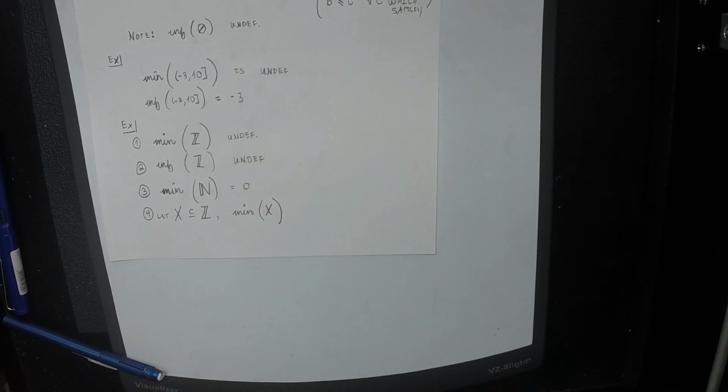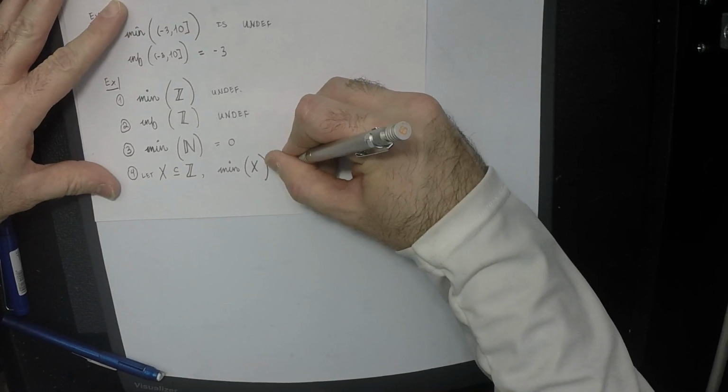Does that need to be defined? It could be defined, conceivably. For example, if set X contains 23 and 70, and nothing else, then the minimum is defined. But does every subset of the integers have a defined minimum? No, because the integers are a subset of the integers, and it has no minimum. So this is not always defined.